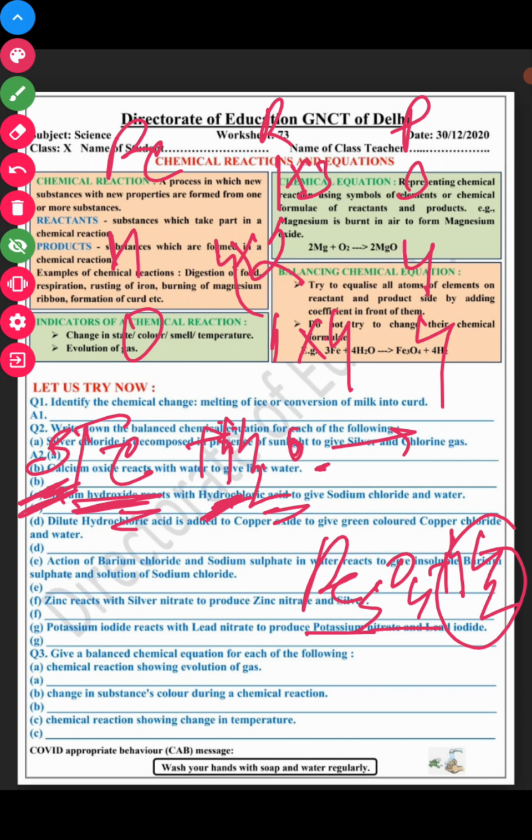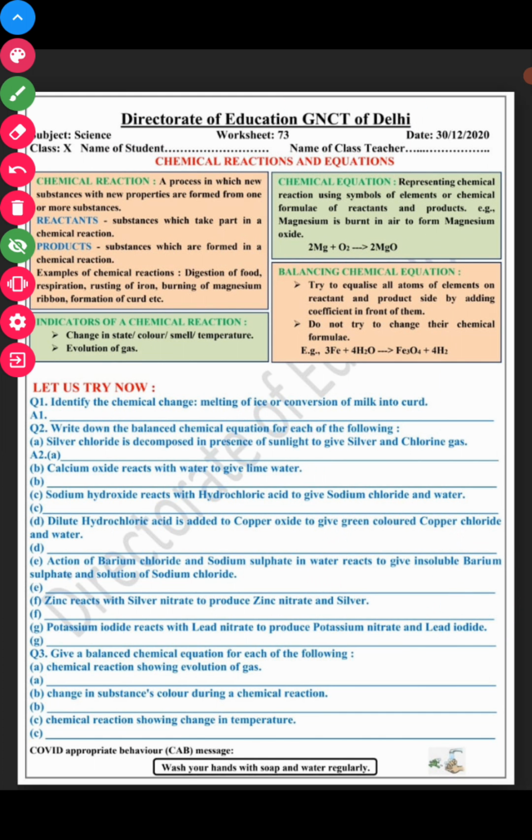So 4 and 2. This is the way we can write this chemical equation.